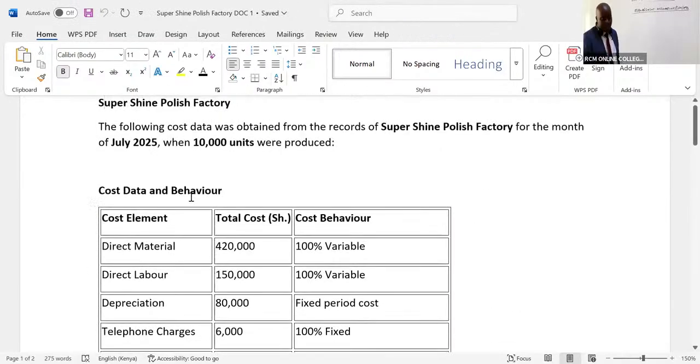We start with the cost elements. The first cost item there is called direct material. So we have here direct material, and then we have total. After total, we have the variable cost, and then we have fixed cost, like that.